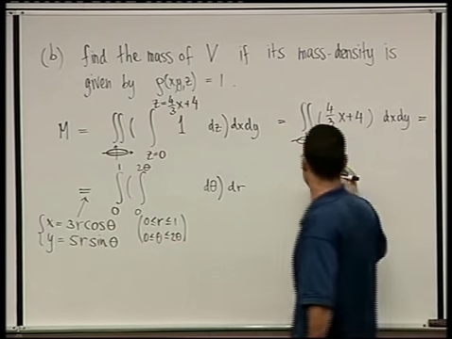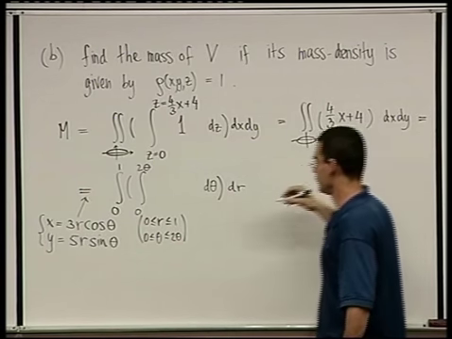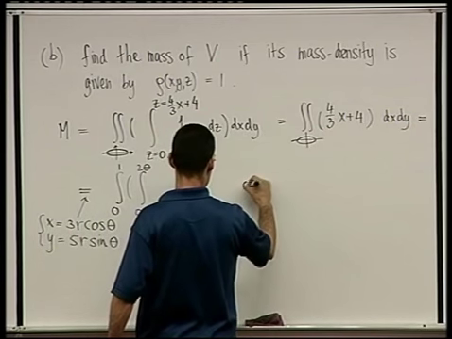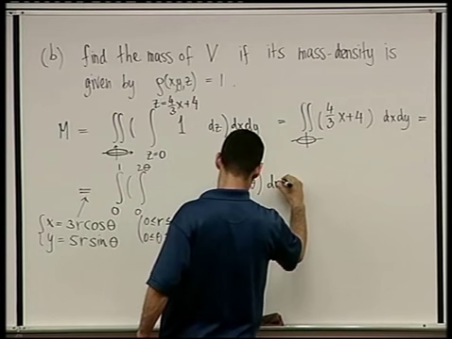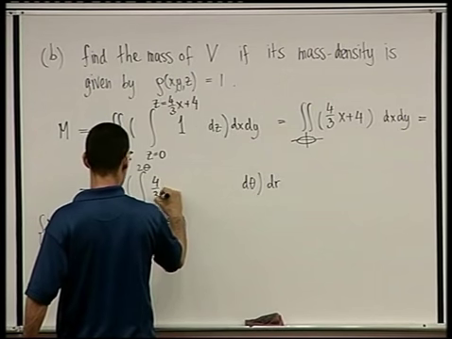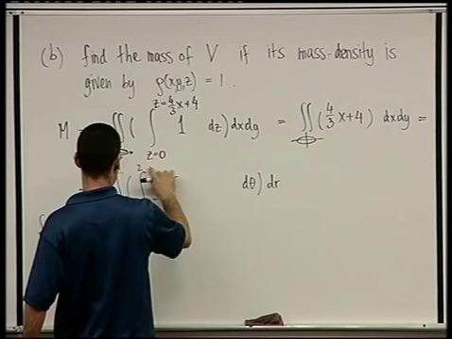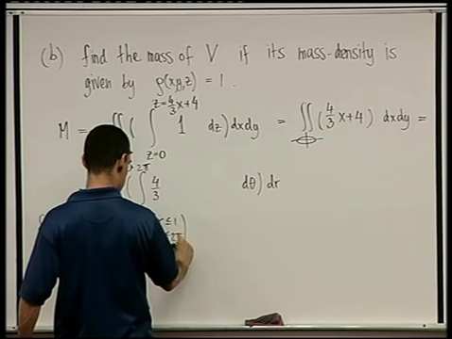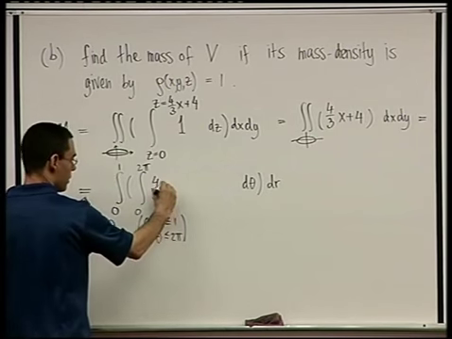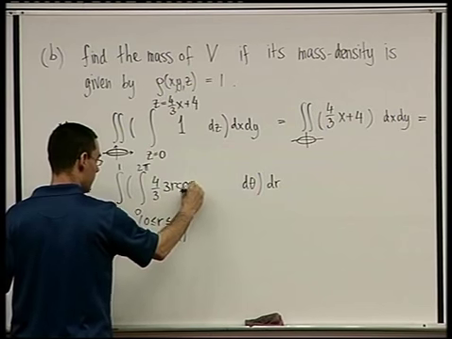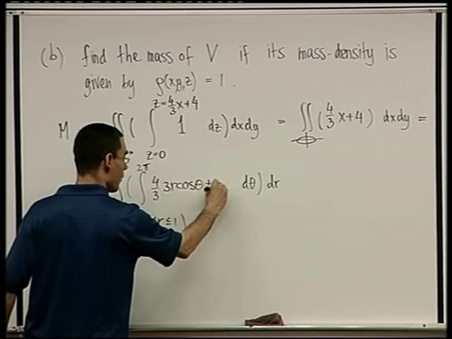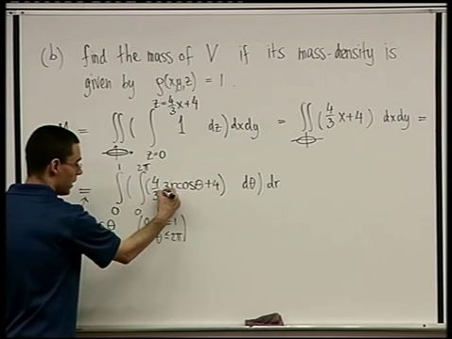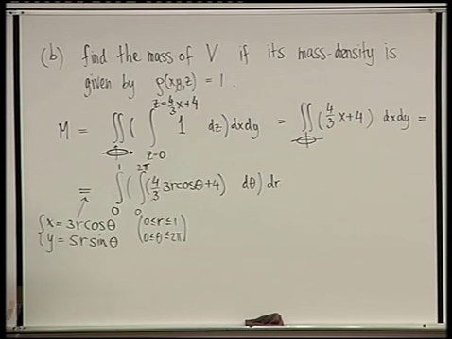So let's write it. Need more space. d theta dr. 4/3, 3r cosine theta plus 4. That's the function we're integrating. The 3's are going to cancel. And am I done?